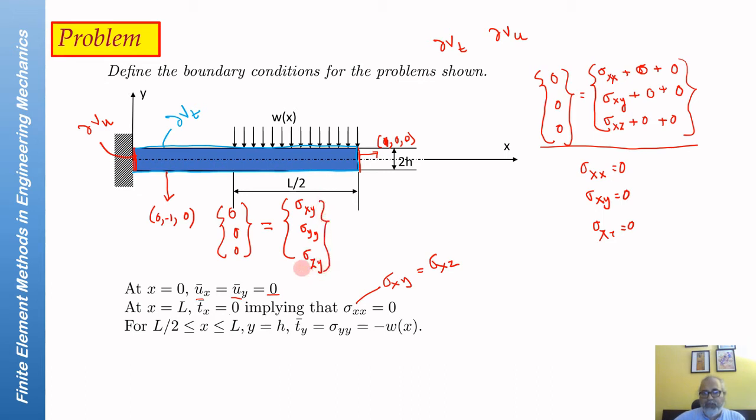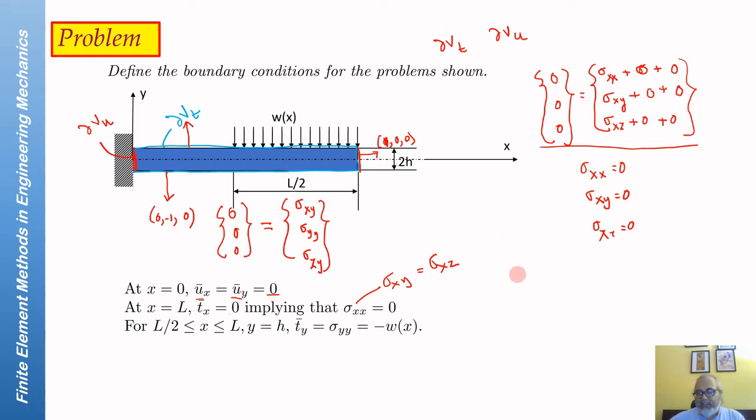So these three components of stress have to be equal to 0 on the lower surface because the normal is in the negative y direction. Similarly, on half of the upper surface, the normal is in the positive y direction. This is traction free, and therefore again sigma xy, sigma yy, and sigma zy are 0 on the top part. What about this part?